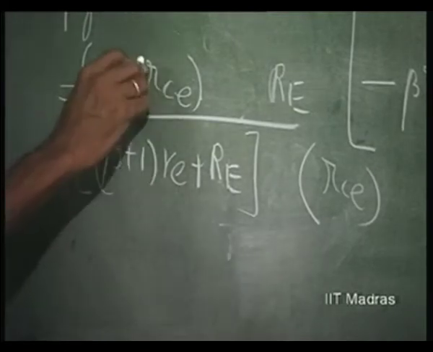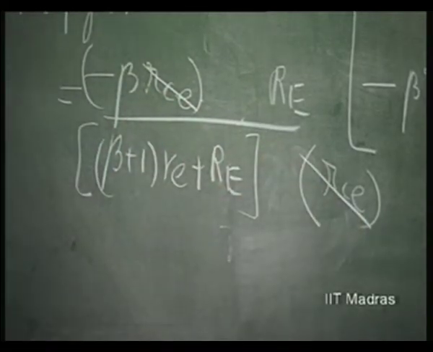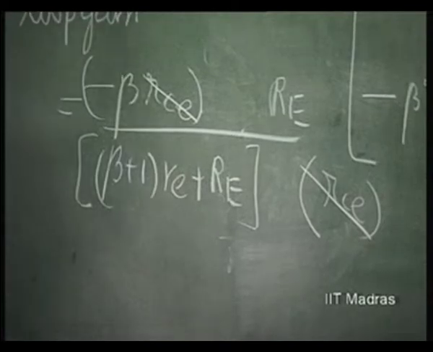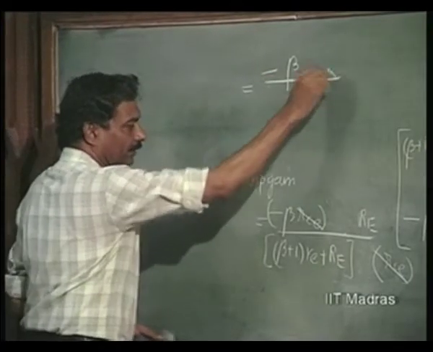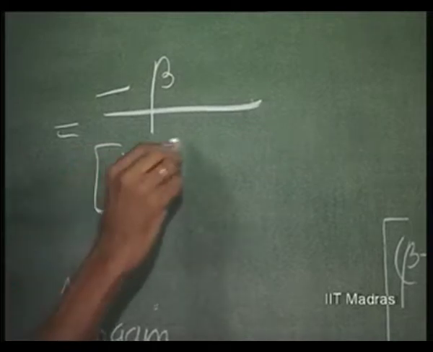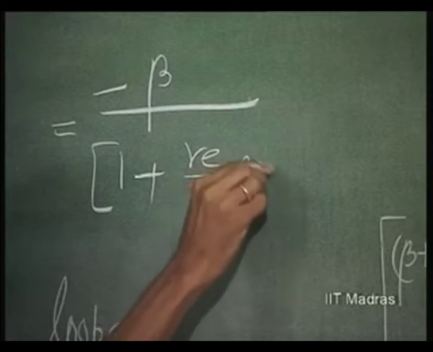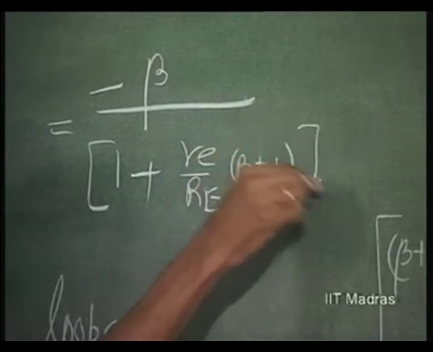So, we get RCE getting cancelled with RCE, and in effect we have the loop gain equal to minus beta divided by 1 plus Re by capital Re, into beta plus 1.